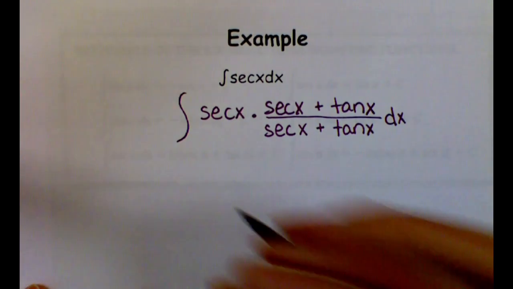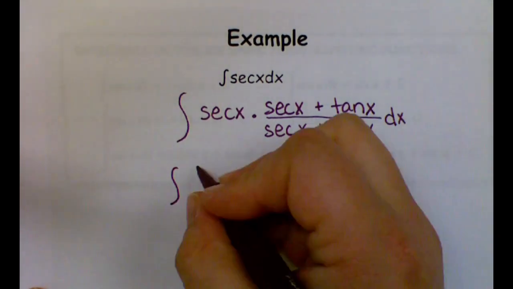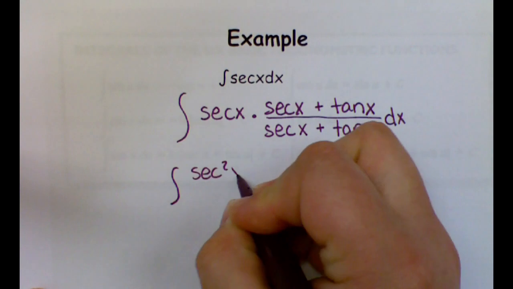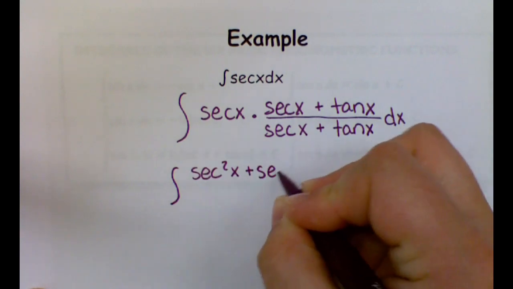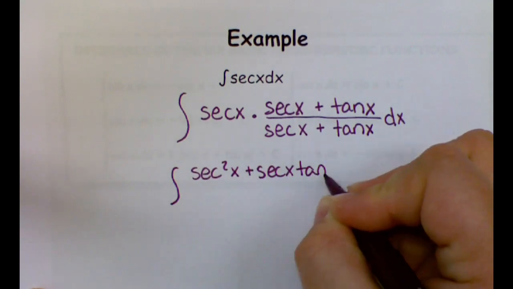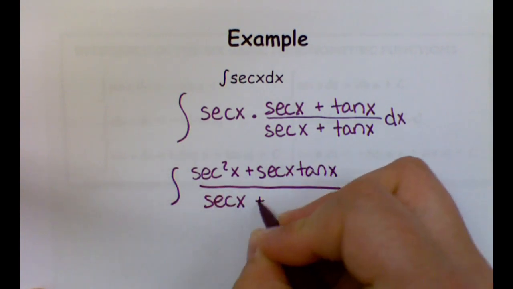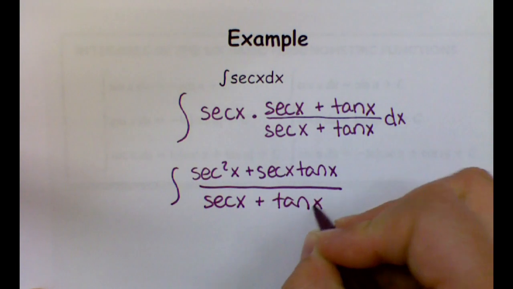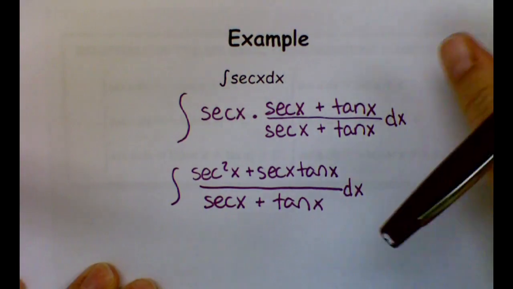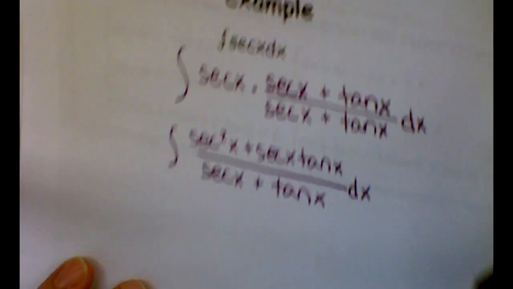Because then we get the antiderivative of secant squared plus secant tangent over secant of x plus tangent of x. Now our u substitution would actually be helpful.